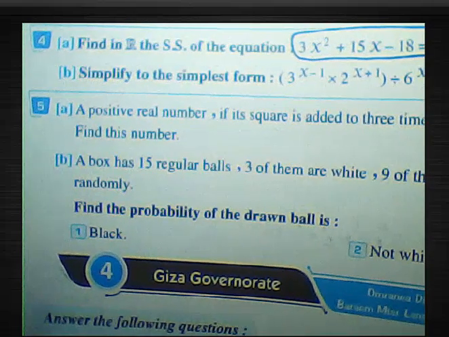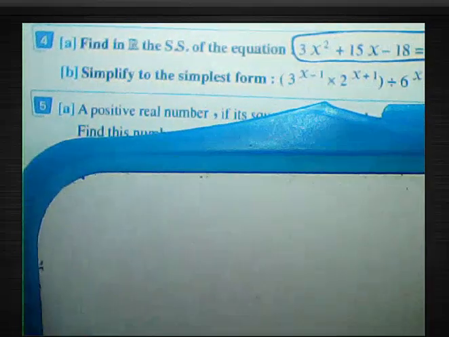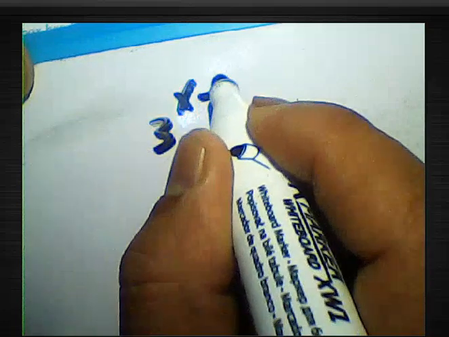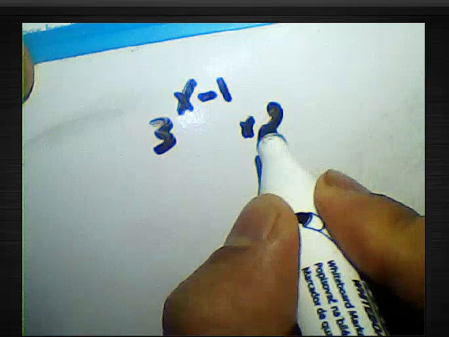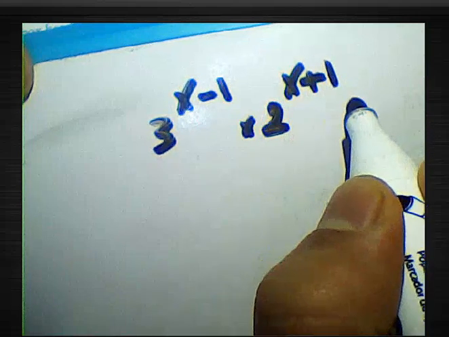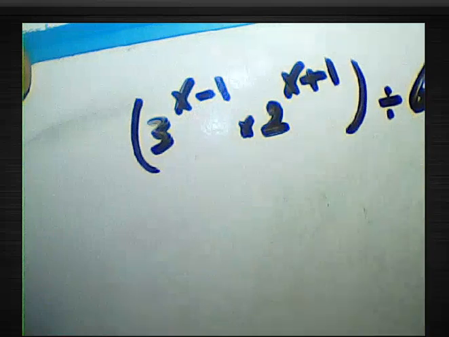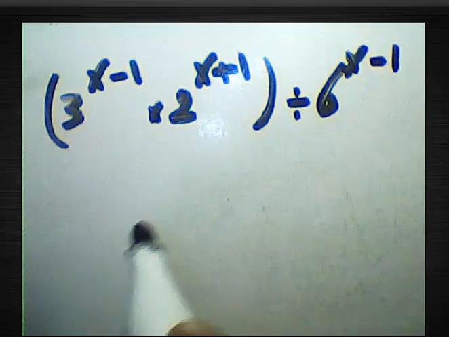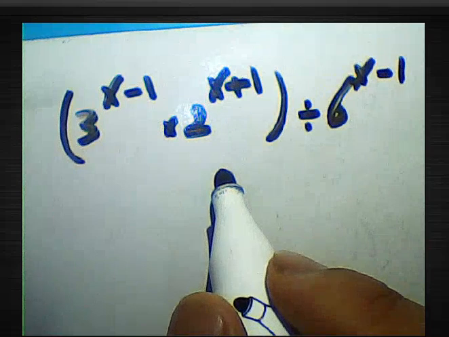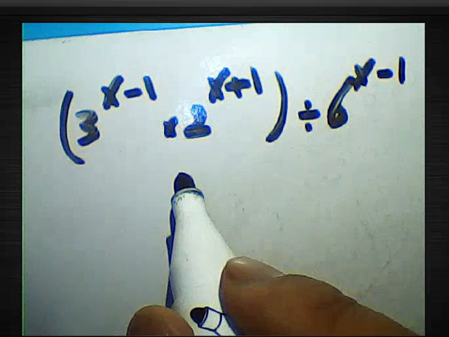Look at this expression: 3 power x minus 1 multiplied by 2 power x plus 1, all divided by 6 power x minus 1. We can find the result of this expression.